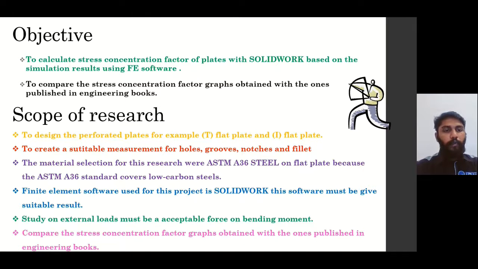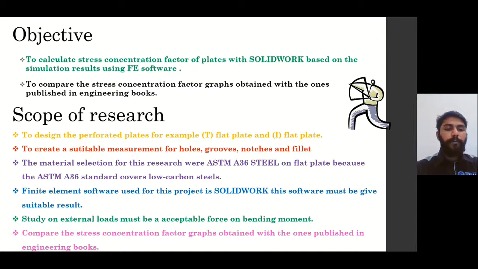So next is the scope of the research. First, to design the perforated plates, for example, T flat plate and I flat plate. Second is to create suitable measurements for holes, grooves, notches, and fillets. Third is the material selection for this research, which is ASTM A36 steel for the flat plate, because this steel standard covers low carbon steel.